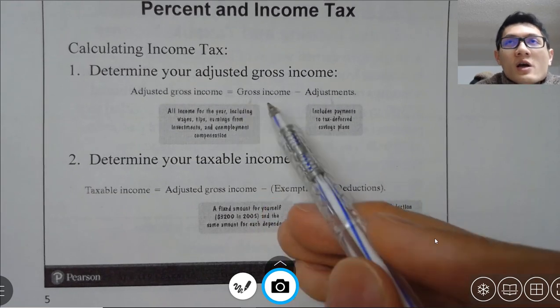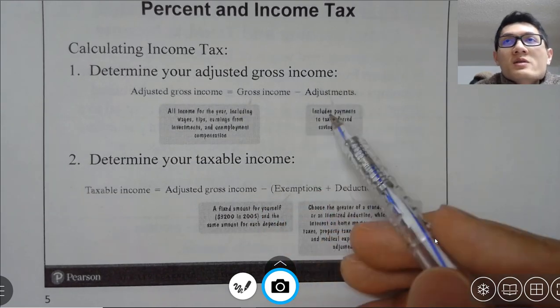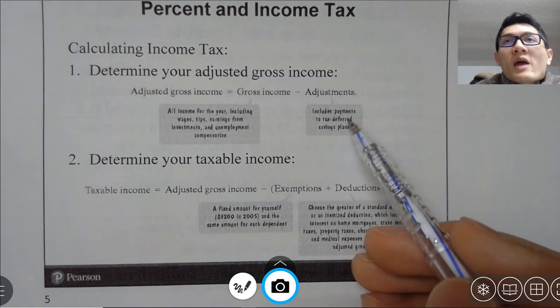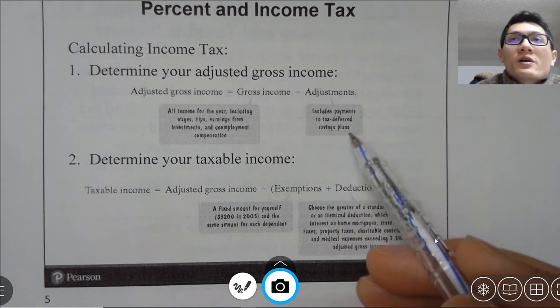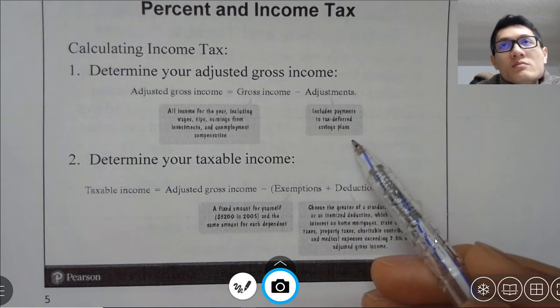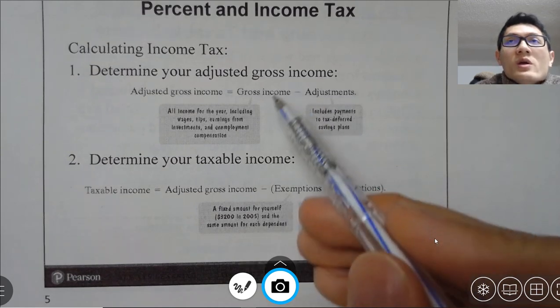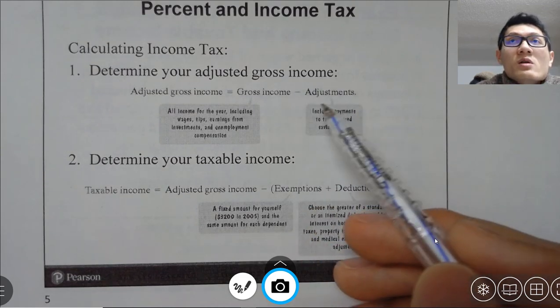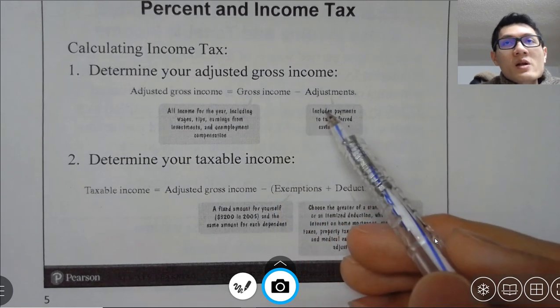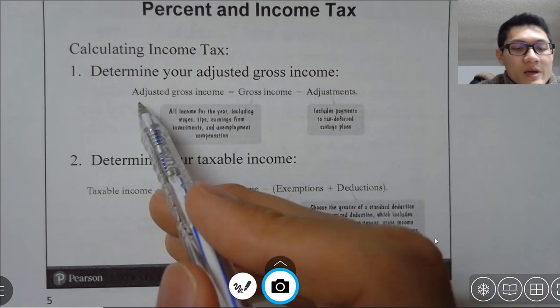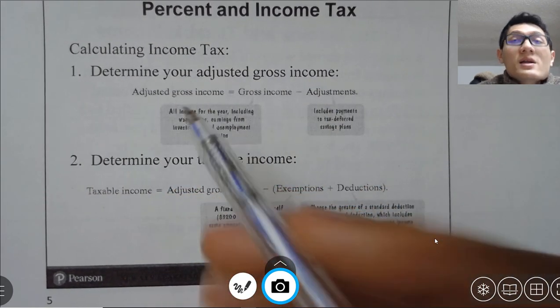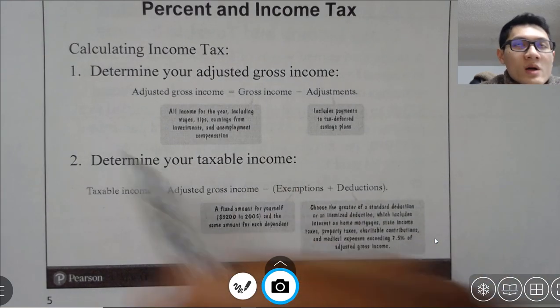And then the adjustments include the payments to the tax deferred savings plans. So make sure that we take the difference between the gross income and the adjustments to get the adjusted gross income. That is the first step, step number one, to find your income tax.